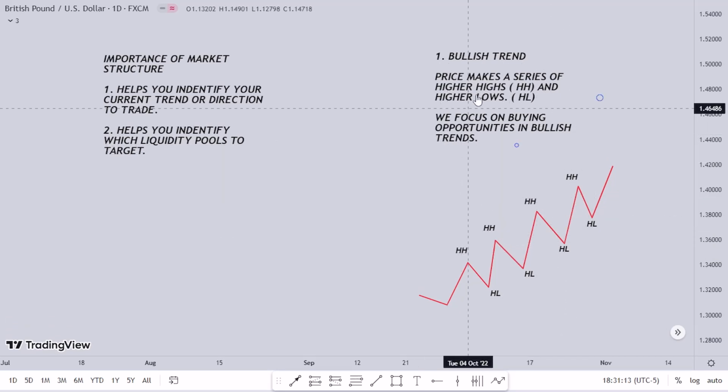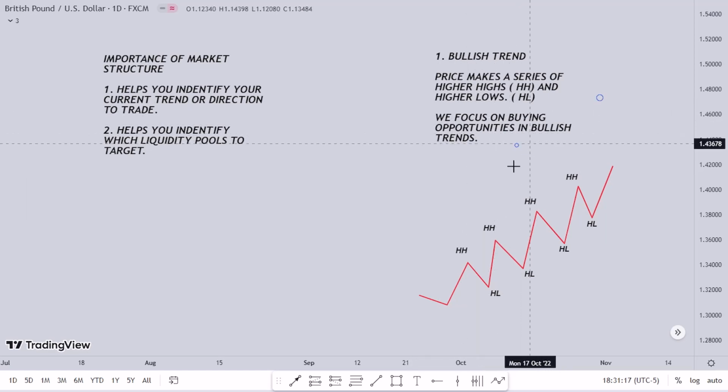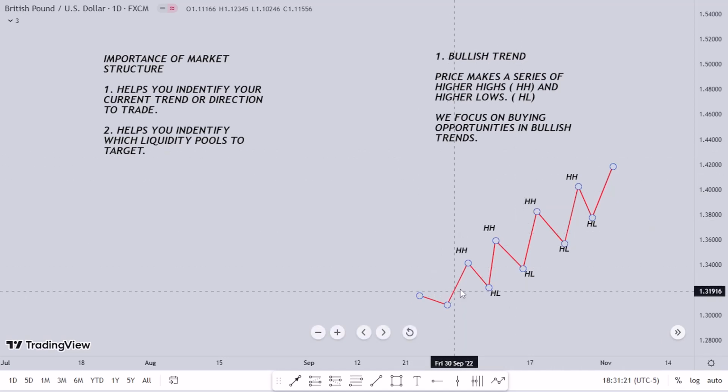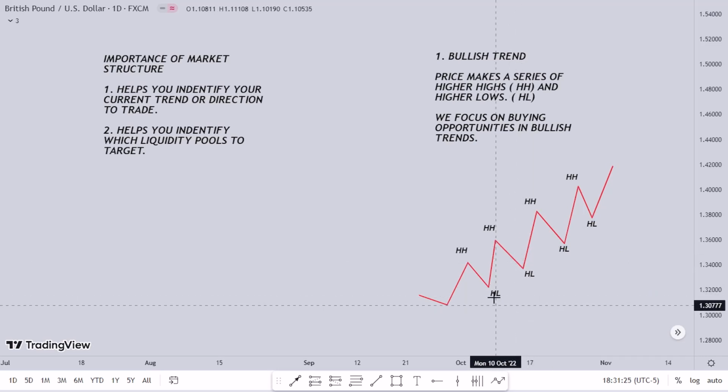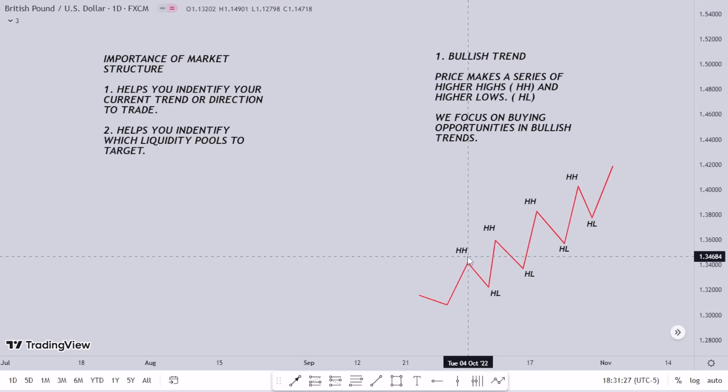Now, in a bullish market structure, we want to be focusing on buying opportunities. We want to be buying the trend up. We don't want to be selling, because the sales are going to just be a corrective impulse, a corrective wave. The sales are just going to be short term, the buys are going to be long term.